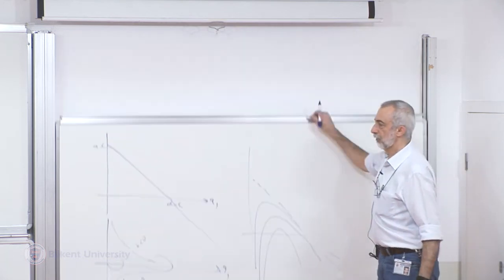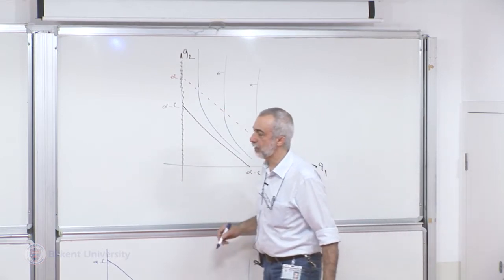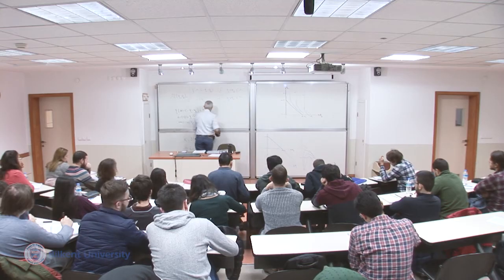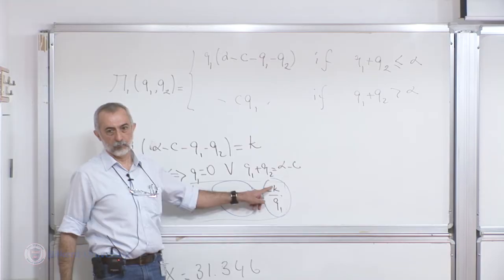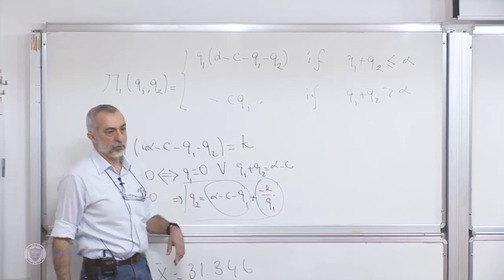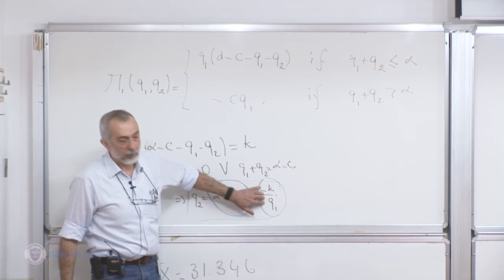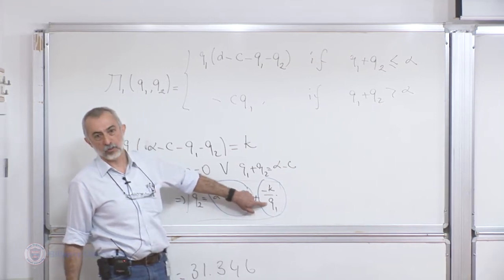So if I add that here, when k is very small, not 0, but close to 0, but positive, this expression will have a bite when q1 is very small.